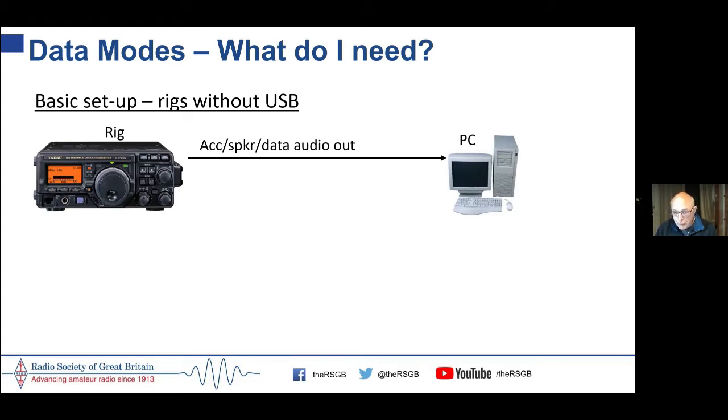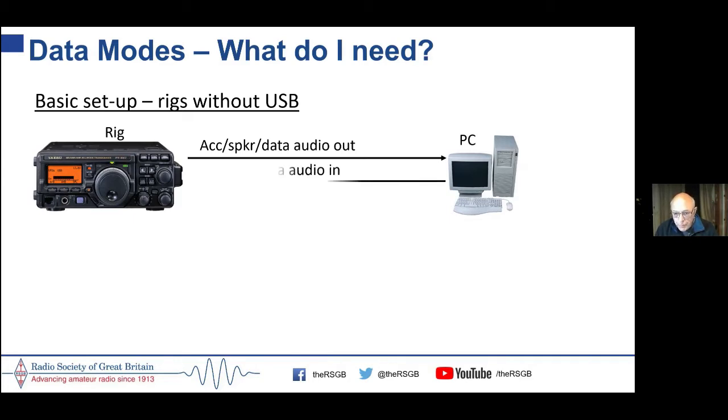It varies from rig to rig, but the important thing about using the output on the rear of the rig is that it's constant level, so it's not affected by the volume control. I know some people have done it by taking a feed from the headphone socket or the speaker output, but that's a real pain because every time you turn the volume on the rig, it changes the level of the signal going into the computer. So always use the accessory or data out socket on the back of the rig for that audio.